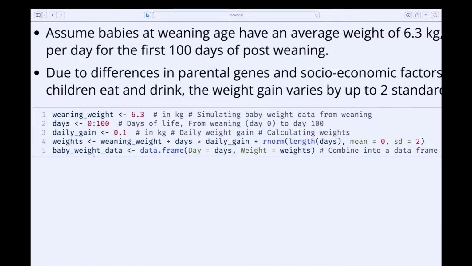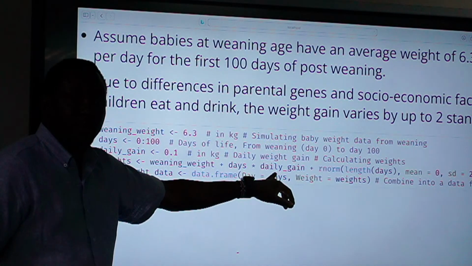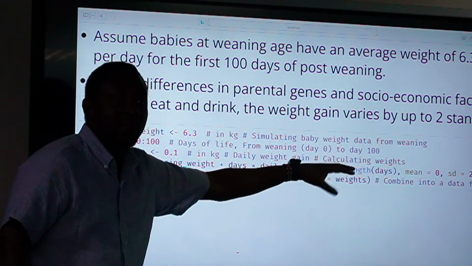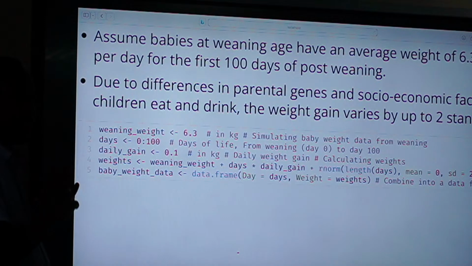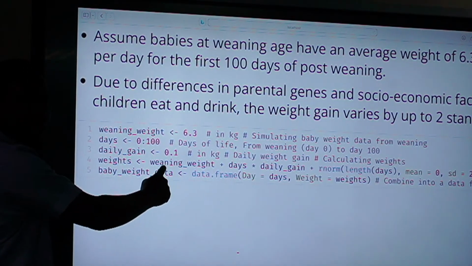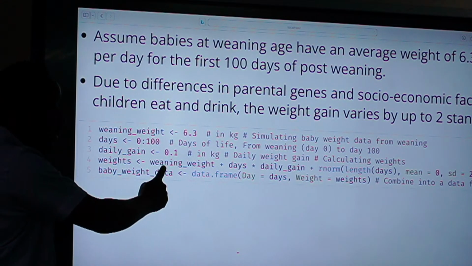If you look at the definition of how you are creating the weights, we say you have the weaning weight. This is your starting weight. You're adding number of days times the daily gain, and then some error, right? That forms your regression equation, because it often has an intercept, and the intercept here is your starting weaning weight.